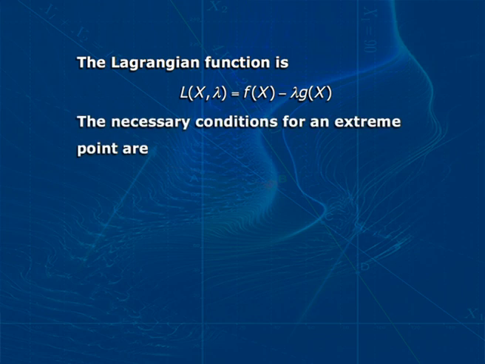The necessary conditions for an extreme point are del L over del xj is equal to del f over del xj minus lambda del g over del xj is equal to 0, where j equal to 1, 2 up to n.